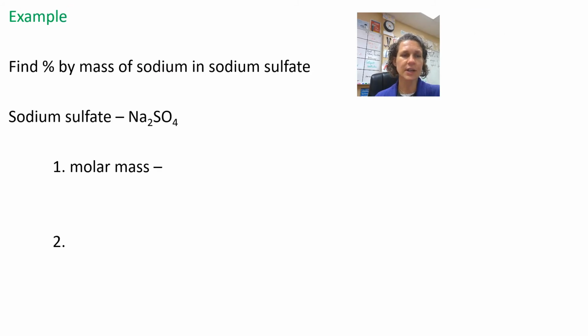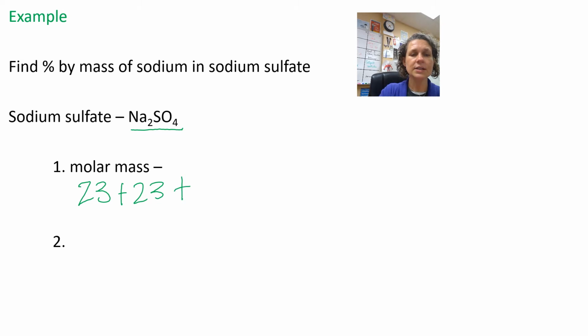Okay, so here is an example. Find the percent by mass of sodium in sodium sulfate. So here's the formula for sodium sulfate. So first off, when you're doing the molar mass, you add everything up. So sodium is 23. There are 2 of them, so I have 23 plus 23.